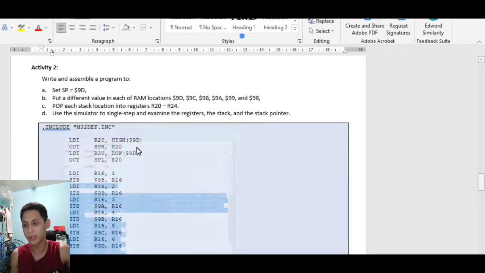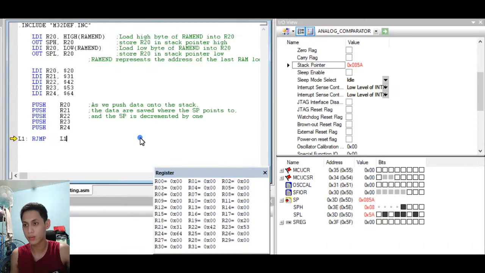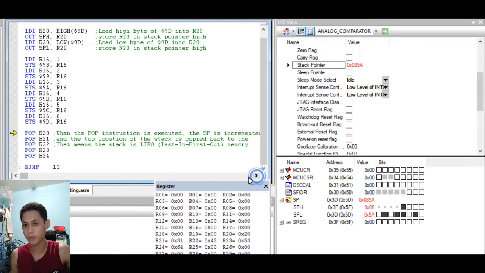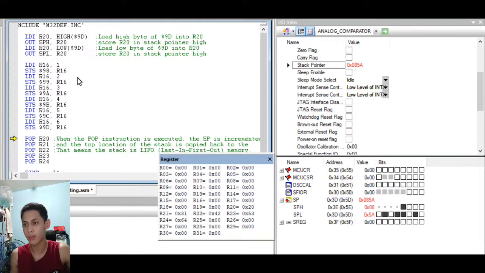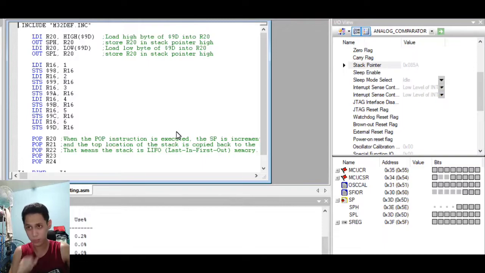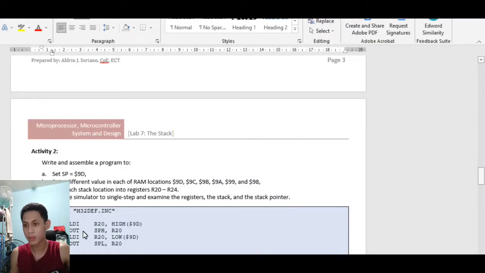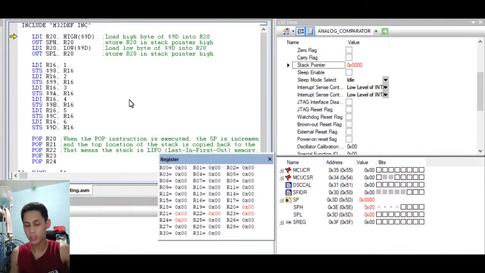into the ABR. Okay, then we're going to run it. So we are going to execute it.